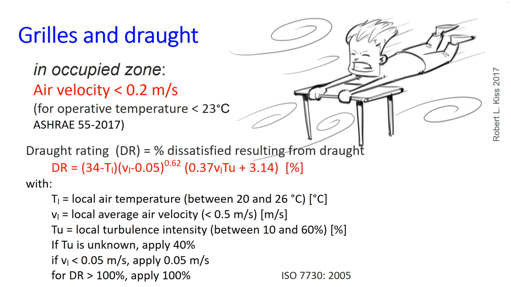The feeling of draft is, however, not only influenced by the air velocity. It is also influenced by the turbulence, the standard deviation of the air velocity divided by the average air velocity, and the temperature. Therefore, the DR, the draft rating, has been introduced. With the DR approach, it is possible to predict the percentage of dissatisfied occupants resulting from draft, while accounting for the temperature, velocity, and the turbulence intensity locally.